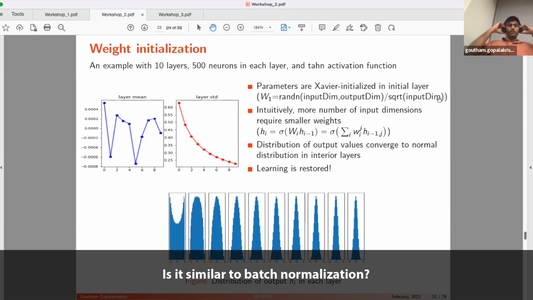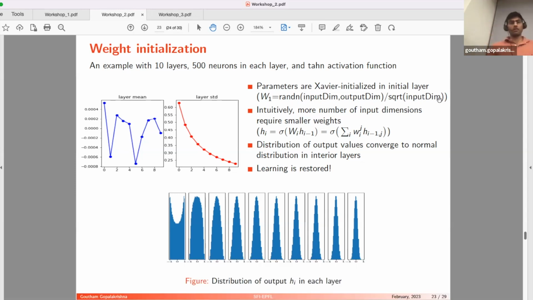It's similar except that in batch normalization, I think it's similar. Yeah. So the question is if it is similar to batch normalization, which means batch normalization is basically you take the output from each hidden layer and then you normalize it, like you would do in a regression problem, right?